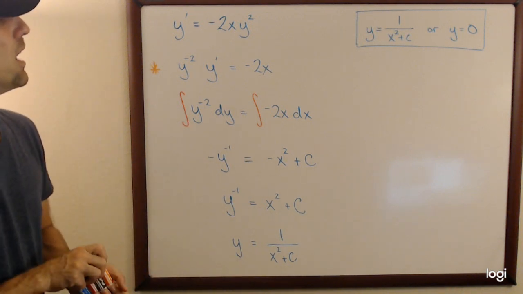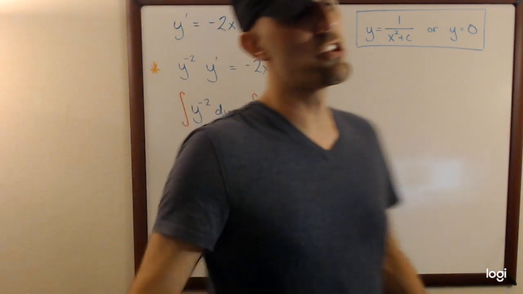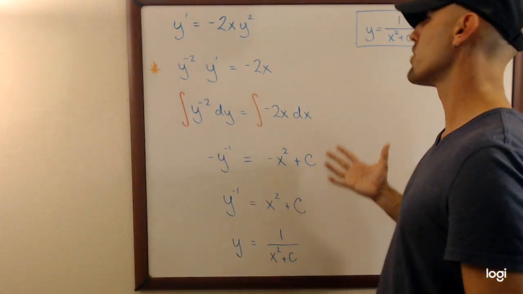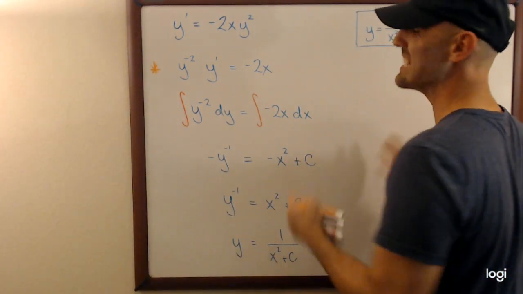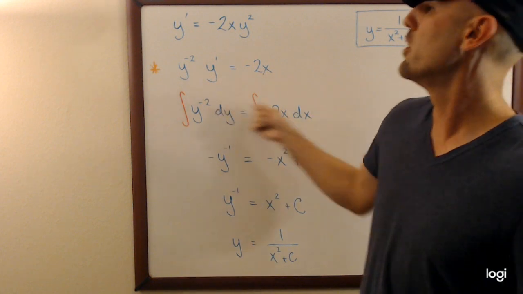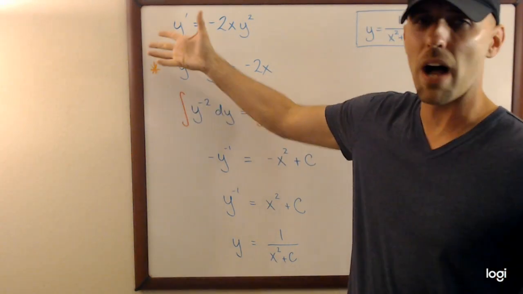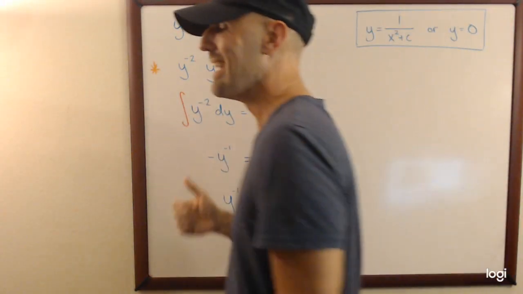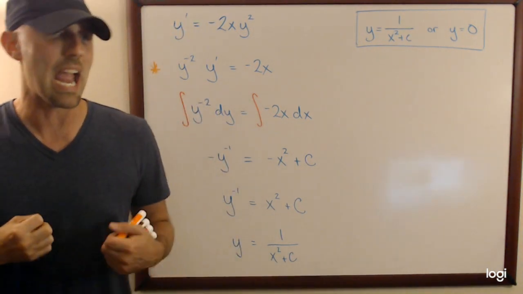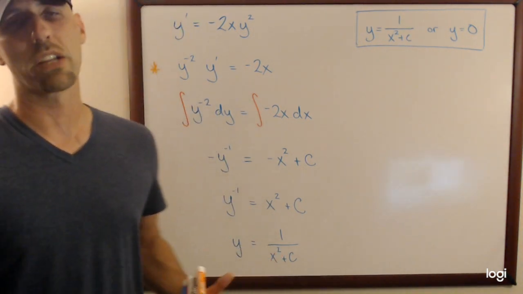Okay? All right, so this is the general strategy by which you're going to solve all of your separable differential equations, but you need to be aware that if you exclude something, right, if you divide by some unknown value, you got to be aware that you may have excluded a solution. You got to go back and check those things.